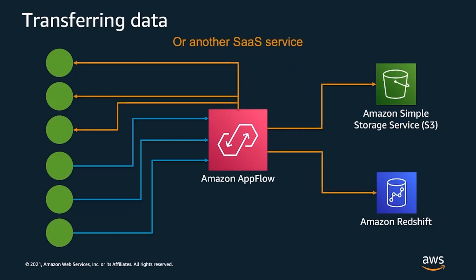Additionally, we can route data back to another SaaS service or the same SaaS service. So you have a lot of flexibility in how to route data securely from services to services to get the data where you need to make decisions based on data, right? So educated decisions based on your business data.